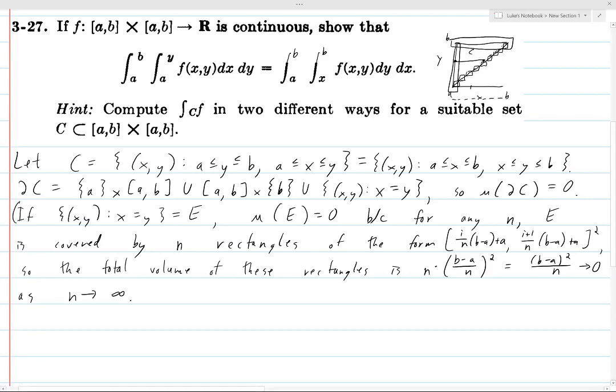I'll put this all in parentheses, because that sort of supports the fact that the boundary of C has measure 0. Okay.